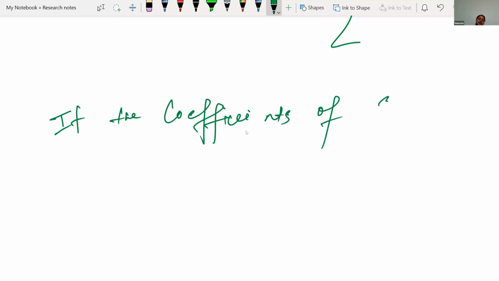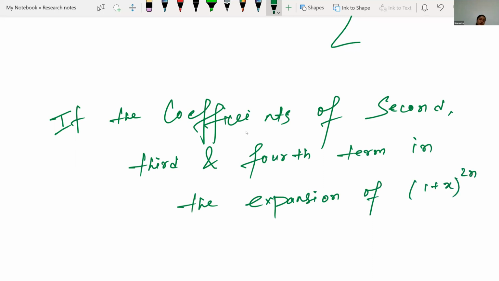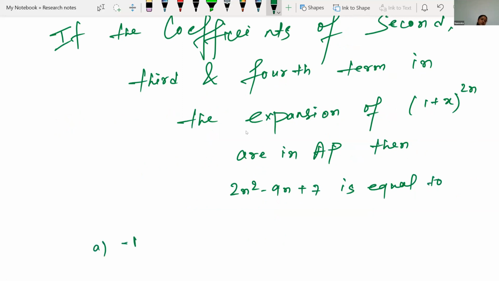If the coefficients of second, third, and fourth term in the expansion of (1 plus x) to the power 2n are in AP, then 2n square minus 9n plus 7 is equals to: option A minus 1, 0, 1, 3 by 2.